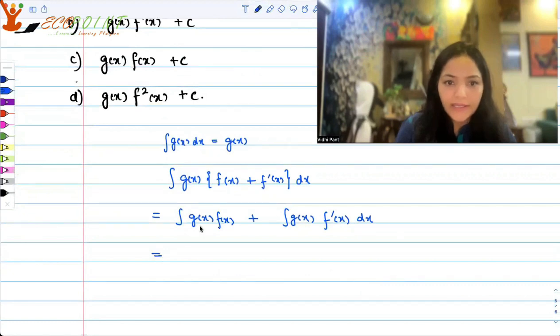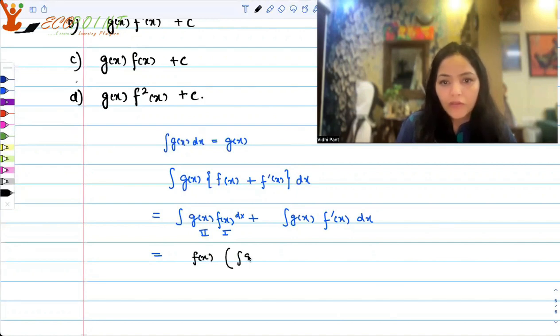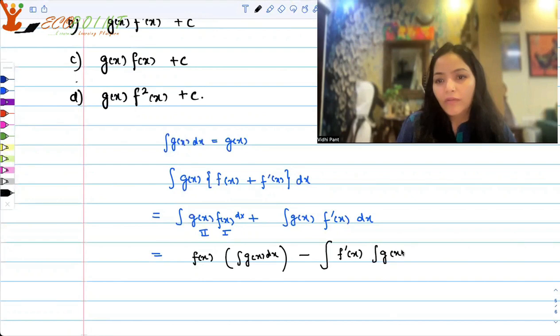So what we can say is this integral gx fx, if I take fx as first and gx as second, first as it is, fx as it is, integral of gx dx minus the whole integral derivative of first, which will be f dash x, into integral of the second.